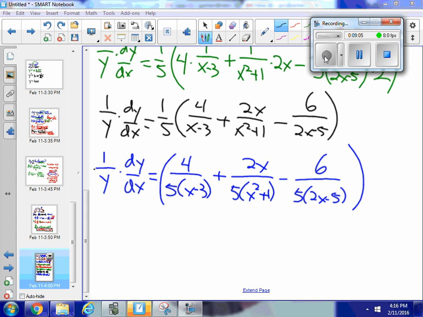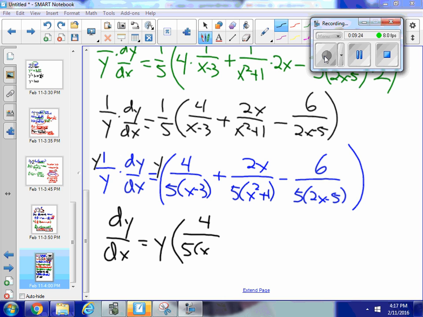Multiply both sides by y. And I have dy/dx, the derivative of y with respect to x, is equal to y times all of this: 4 over 5(x − 3) plus 2x over 5(x² + 1) minus 6 over 5(2x − 5).